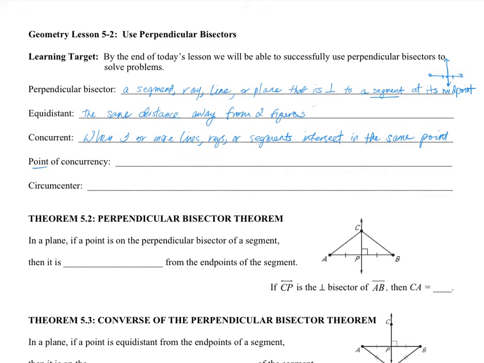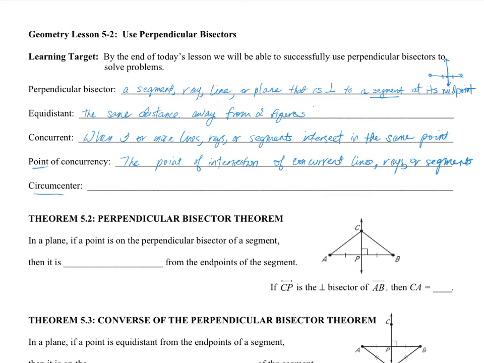And the point of concurrency is the point of intersection of concurrent lines, rays, or segments.